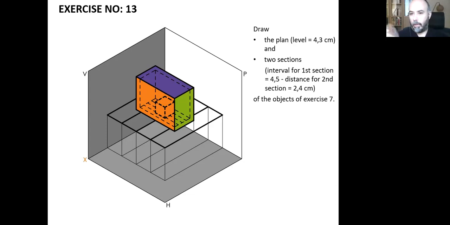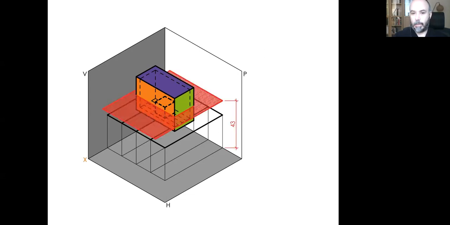First of all, there are some lengths here, as you can see. For the plan, it says the level is 4.3 centimeters. We need to know what the plan means. And after that, we are going to see the terms as sections, and we need to understand the logic behind these applications.